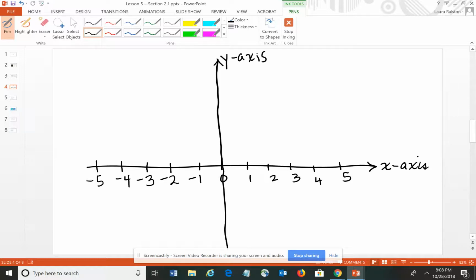So again, 0 is in the center for the vertical, and then positive numbers go up and negative numbers go down. So you have the two number lines. The horizontal is called the x-axis and the vertical is called the y-axis. The point where the two number lines intersect, which I commented was 0, is called the origin.